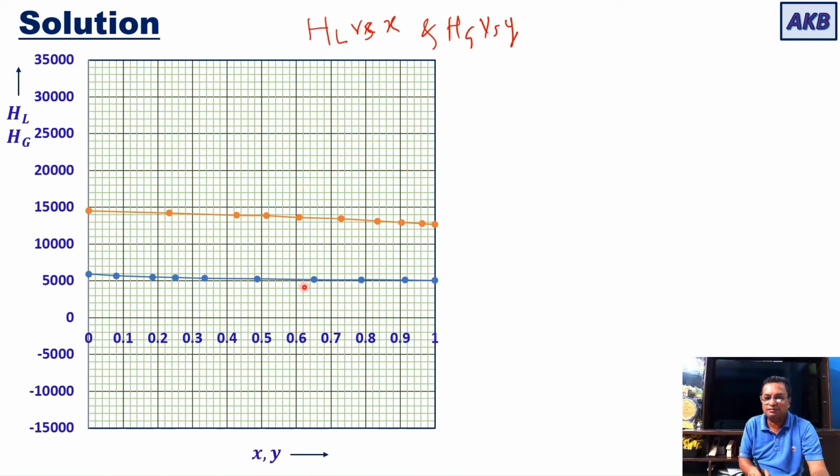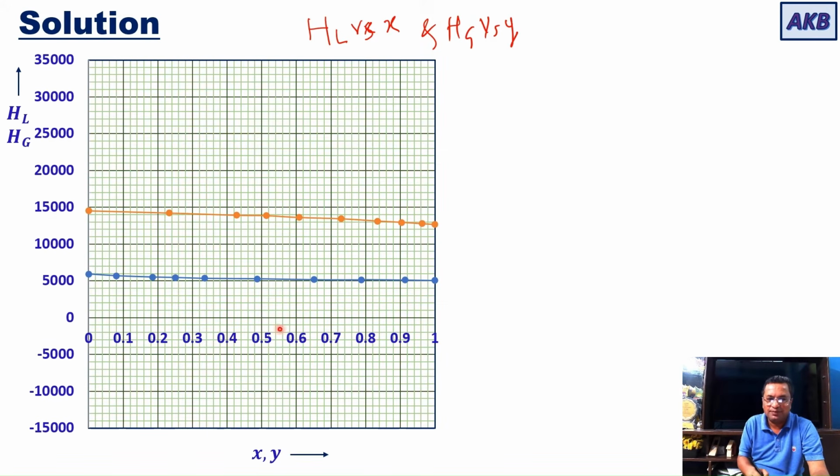Why bubble point curve? Because every point on this curve represents a bubble point. Similarly, every point on the upper curve represents a dew point. That's why the upper curve is the dew point curve and the lower curve is the bubble point curve.